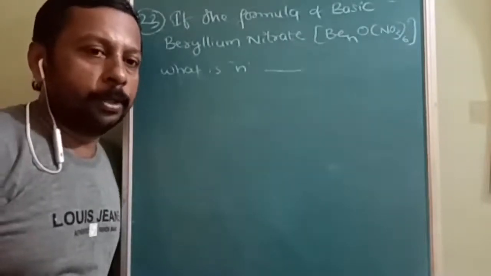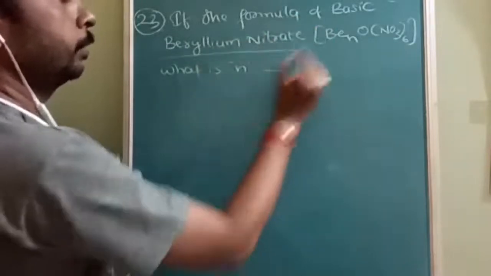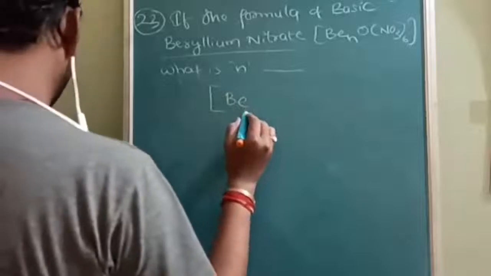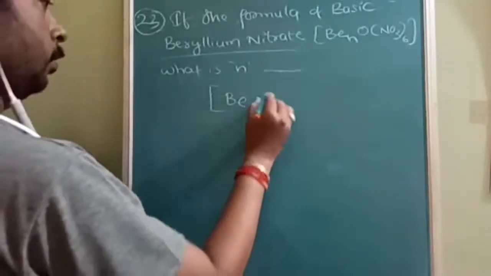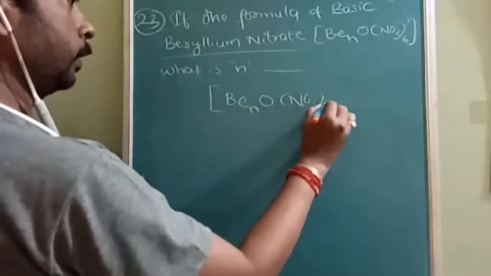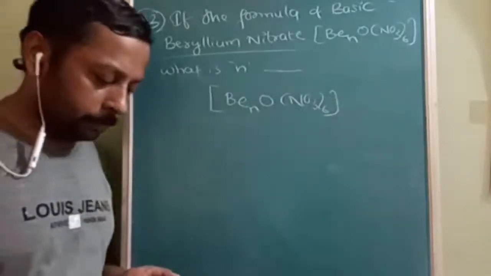Next question: if the formula of basic beryllium nitrate, the formula I am writing here, is BeNO and NO3 6, we have to find out the N value.